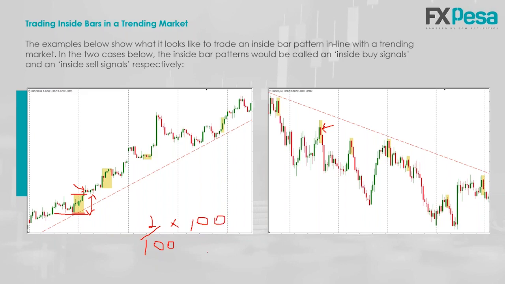Let's use 100 and 1,000, right? So it means that in every trade, you're risking only $2, all right?